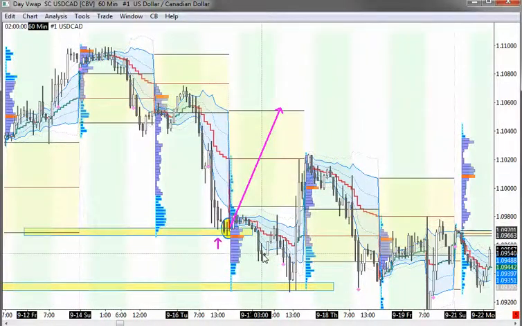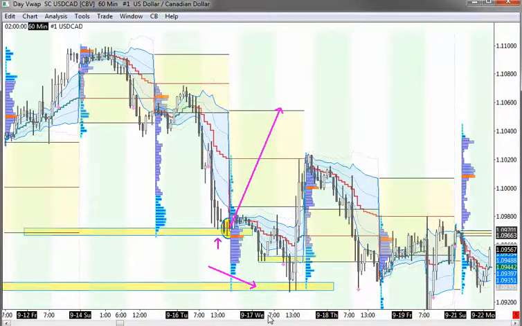Yes, I know it came down here and it came back up. When you see it can't break the value area high, we always sell the value area high and we buy the value area lows. When you see it can't break that, and when you see it coming back down here, you've got to think that this is not going to hold because we've identified a stronger support level, which is down here.